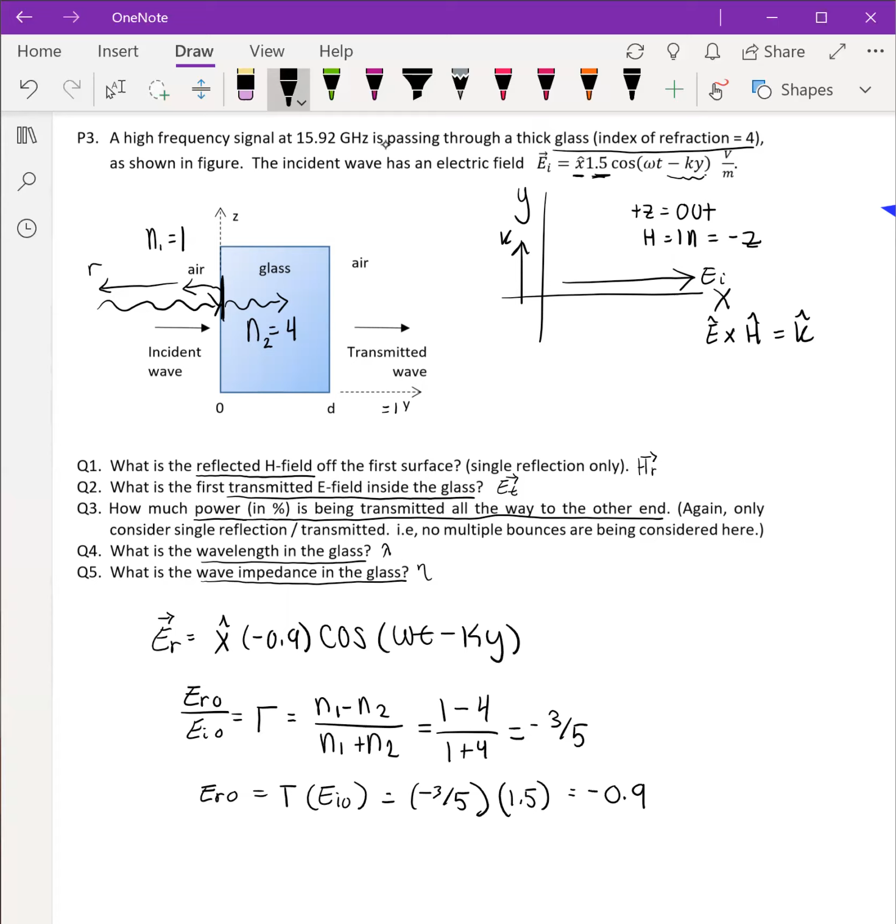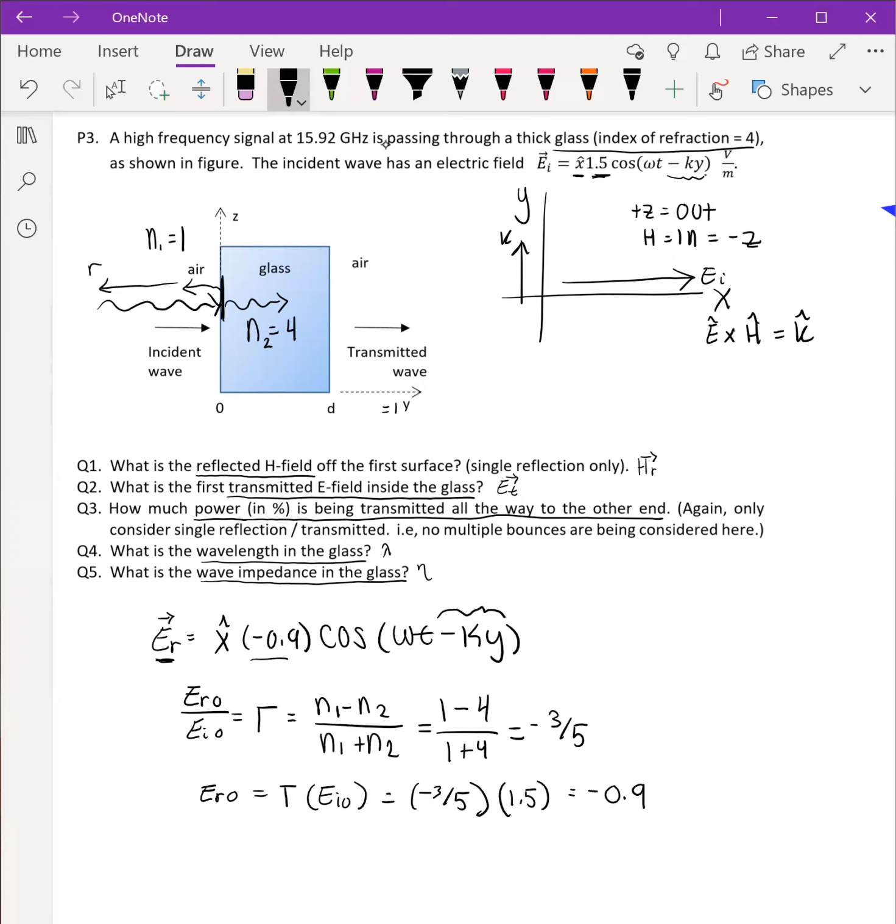Now, we're going to pay attention to this part specifically. So minus ky, we see that also in the E sub I equation. However, now we're looking at E sub r, which is a reflective wave. So we're now propagating in the reverse direction, as we can see by our gamma coefficient.